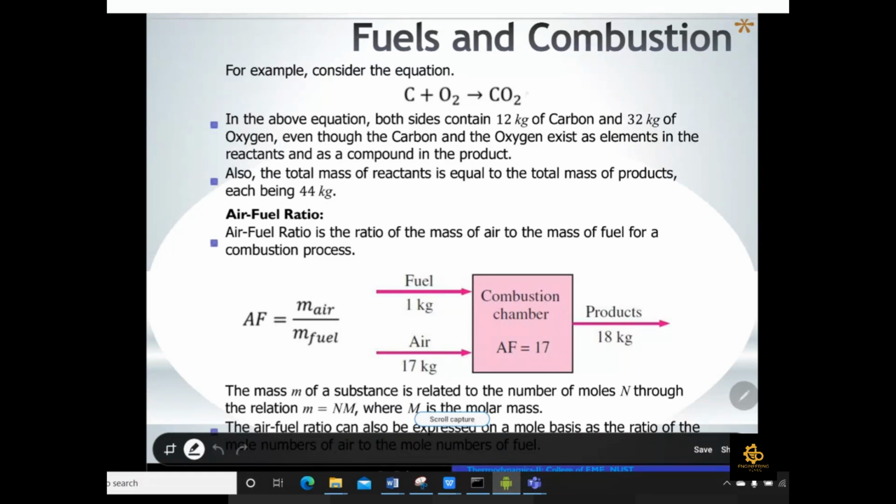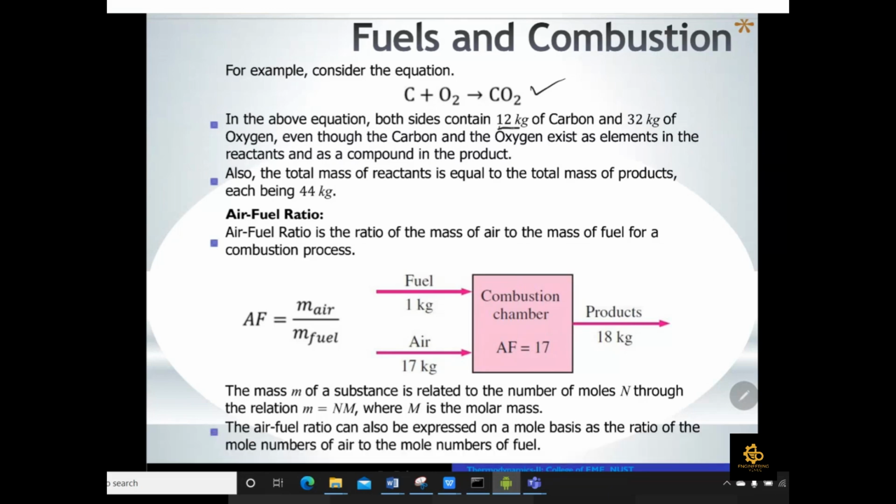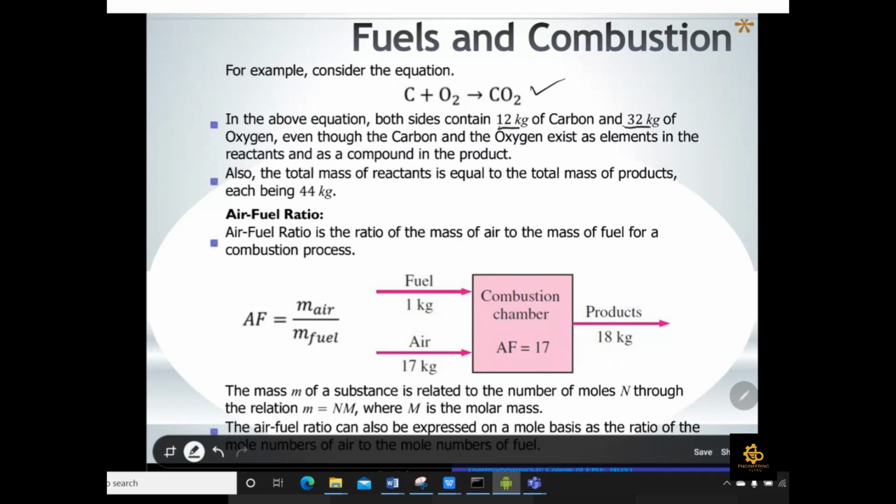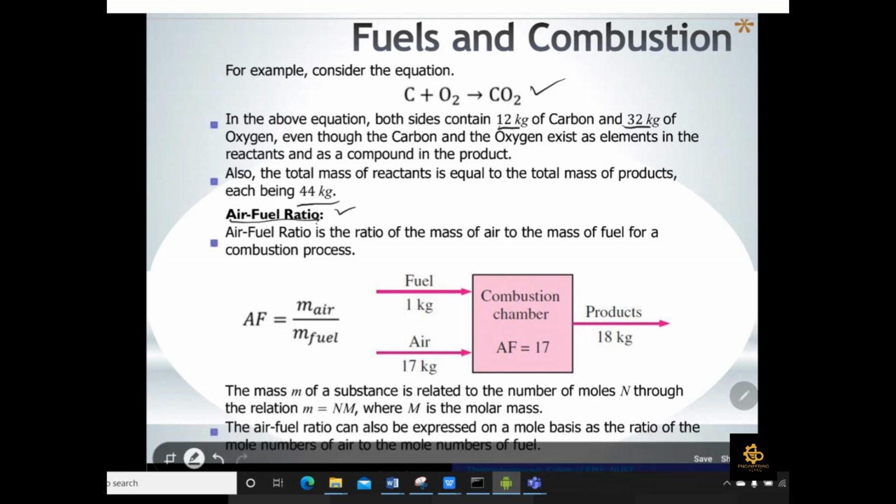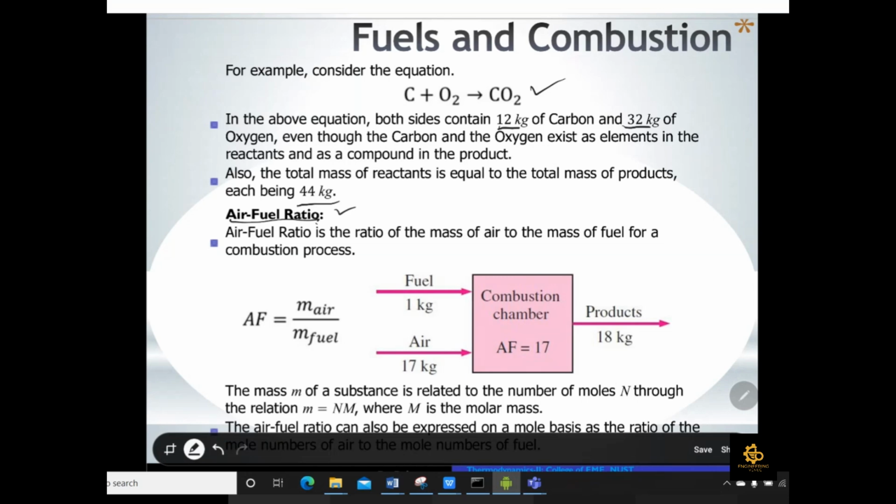We already talked in the previous slide that mass is conserved during a chemical reaction. If we take 12 kg of carbon and 32 kg of O2, it produces 44 kg of CO2, which means mass is conserved. The air fuel ratio is the term we use to define how much air and fuel we use for producing the combustion process.